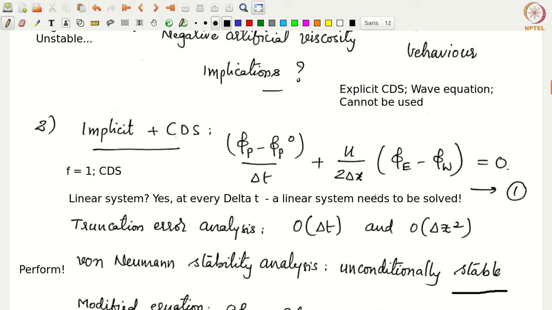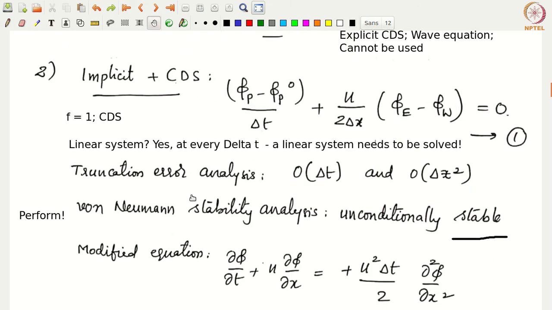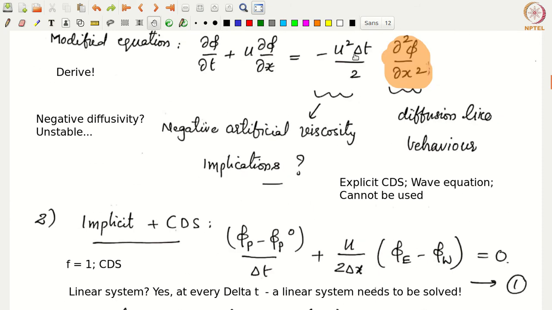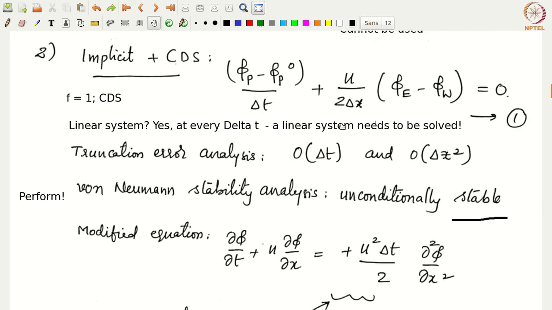But if you look at the modified equation, what we get is partial phi partial t plus u partial phi partial x equals, with a plus instead of minus. In the explicit case you get a minus, and in this case you get a plus.